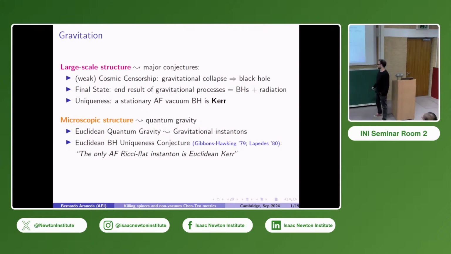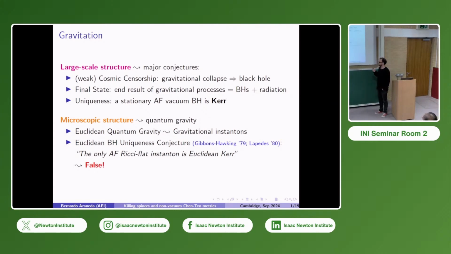One might expect this to be true by analogy to the Lorentzian case, but it is actually false. The counterexample was found after many decades, only relatively recently, 10 years ago or so, by two authors, Chen and Teo. And I will describe what this counterexample is in the next slide.